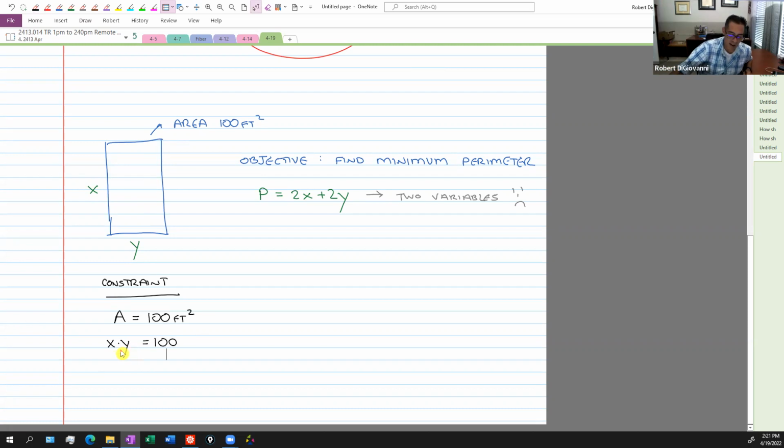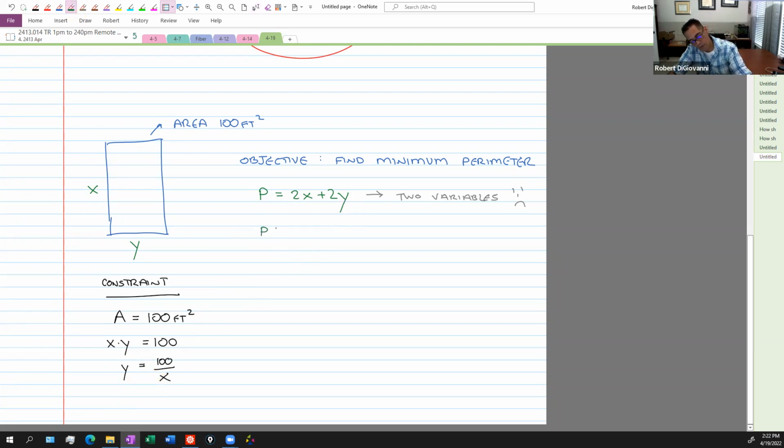Now this X times Y must be 100 allows me to go to this equation that I'm trying to optimize, find the minimum of, and replace either the Y with something that has X's in it, or I can also replace the X with something with Y's, but let's just solve for Y. So if I solve for Y over here, I have to divide both sides by X. Agreed? And now I can take that and replace that Y in there with it.